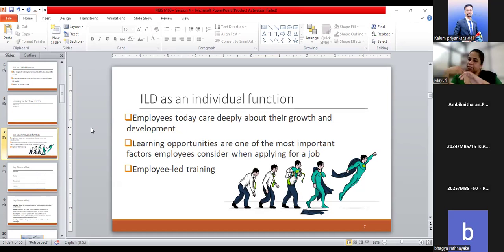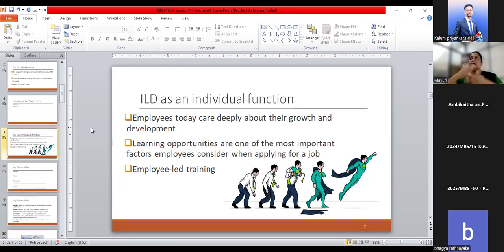From the individual perspective, the particular individual has been prioritized, and therefore we have employee-led learning and development. An employee has more responsibility while the organization is facilitating employee learning and development, right?